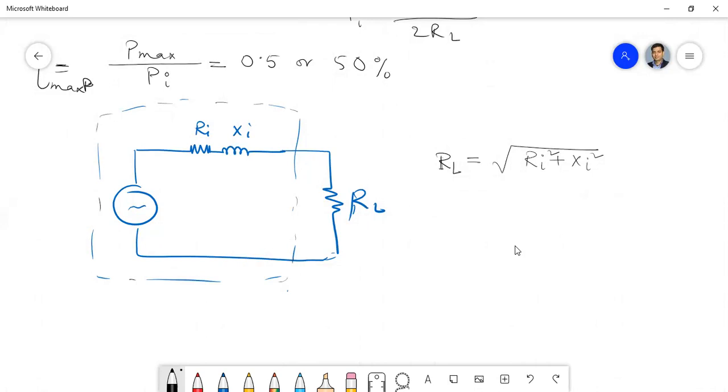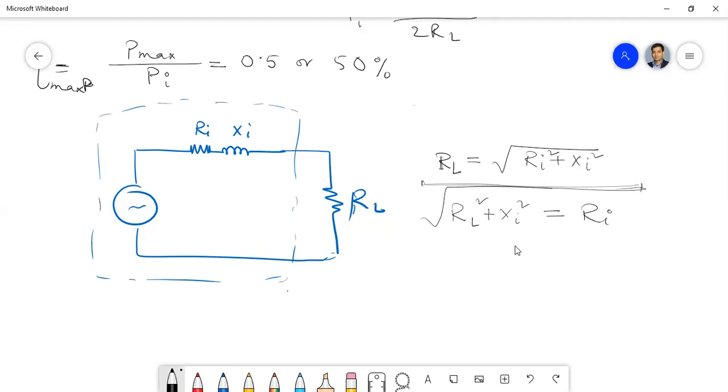But you just first see the condition, and I haven't proved this condition, but this will be the condition. And if the thing is opposite, that means if this has the impedance part, then the condition will be just opposite.